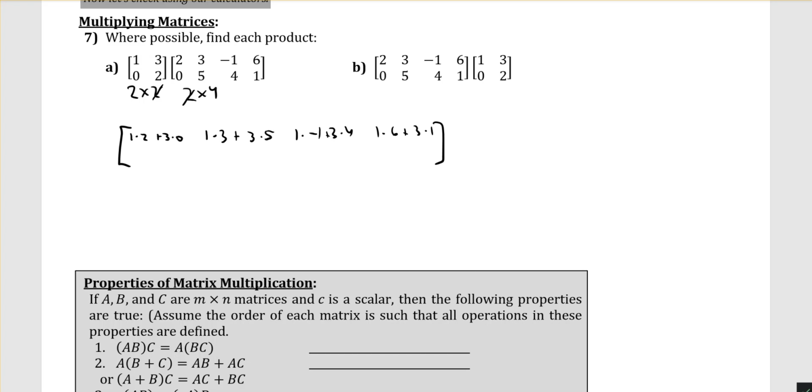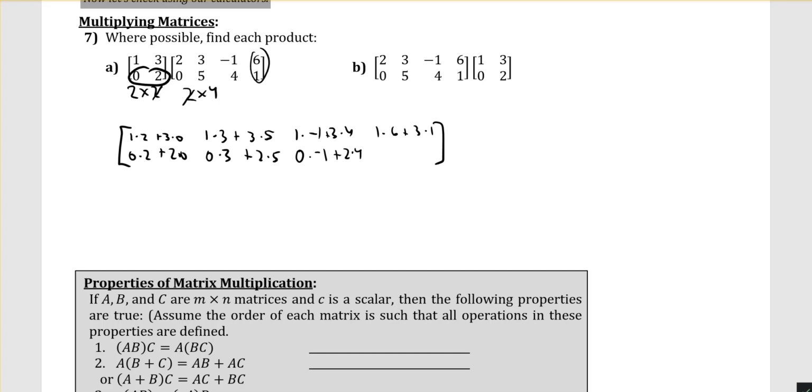So now let's go through and do the same thing again, except now we're going to use the second row. So 0 times 2 plus 2 times 0. And now we're going to do 0 times 3 plus 2 times 5. 0 times negative 1 and 2 times 4.